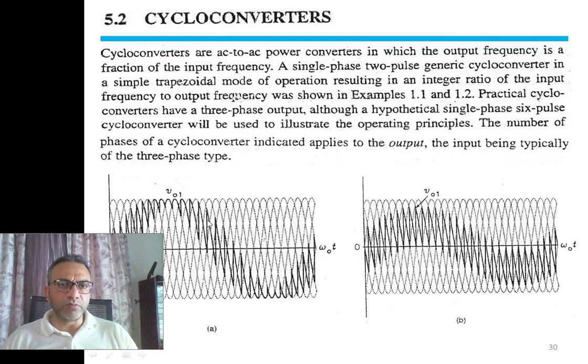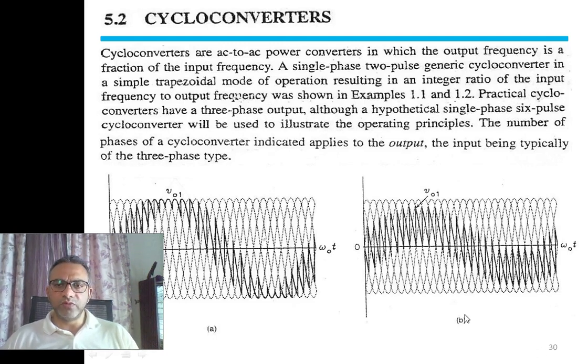These dotted lines represent the wave shape of the input signal provided to the cycloconverter. Now, on top of the dotted line, there is the bold wave shape, which represents the output single phase voltage of the cycloconverter. We can observe that the frequency of the output of the cycloconverter is much smaller than the frequency of the main supply. So this is the first wave shape that we are looking at for the cycloconverter.